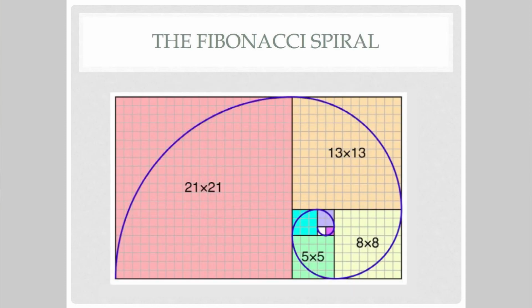This shows the spiral created by taking each Fibonacci number on a graph, created in a square of its number. So if you look at the smallest one, there's 1, 1, and then there's 2 by 2, 3 by 3, 5 by 5, 8 by 8, and so on. And if you connect those all, you get this logarithmic spiral, which I have on my shirt.